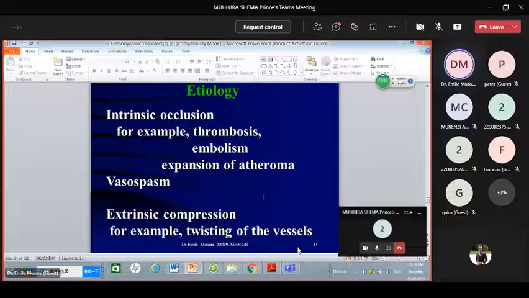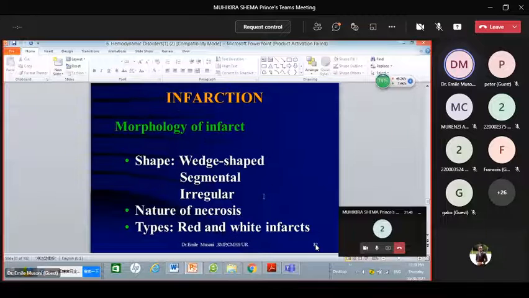The etiology of infarction is intrinsic occlusion, for example thrombosis, embolism, vasospasm. Extrinsic, for example twisting of the blood vessels, for example here in the intestine. Infarction has a shape: wedge-shaped, segmental, and irregular, and it is a type of coagulative necrosis.